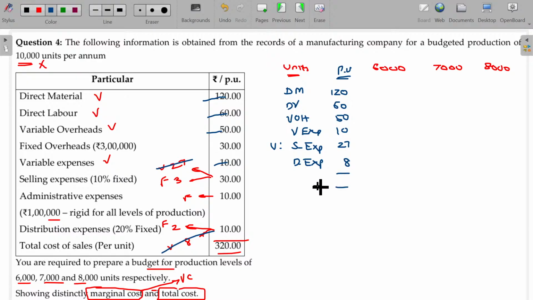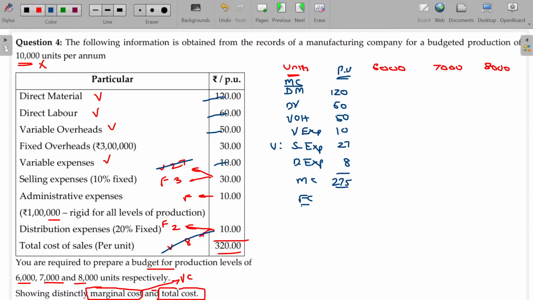This will be the marginal cost. What is the marginal cost? 275. Now I name this being marginal cost.